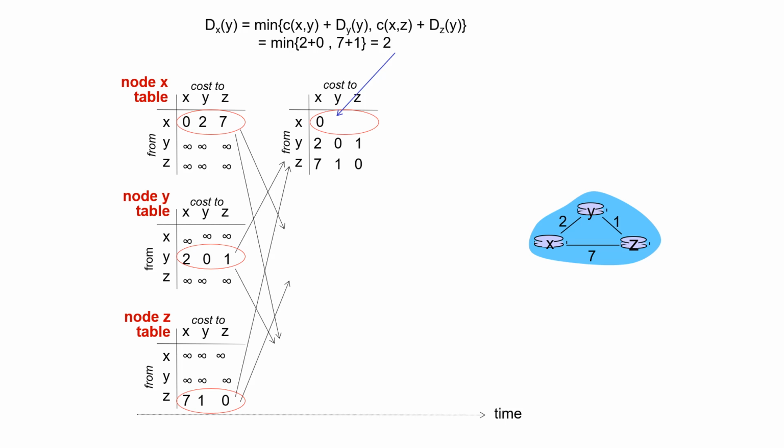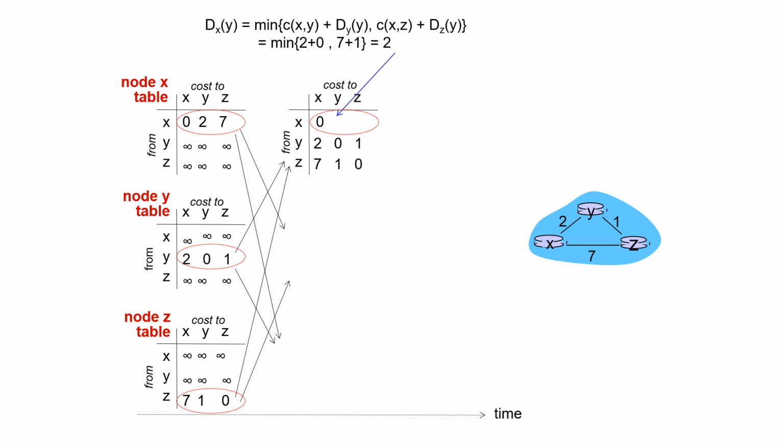And if there is a path from X to Y, it will be filled. That is a value 2 in the first row of the node X table. From X to Z, there is a path with the cost 7. Then from X to X, it will always be 0. Same node to its own link, there is no cost, so it is filled with 0.